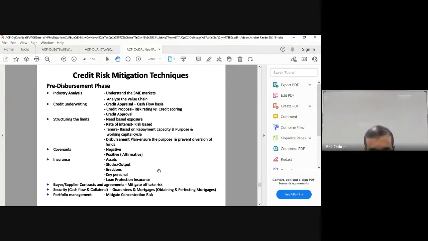There are points in it, of course. Whether there are any issues in the value chain and at which point the bank is going to finance it. So it has nothing to do with the particular client, but the whole set of the environment. This is not the particular value chain analysis introduced by Michael Porter. Here it is the industry value chain.